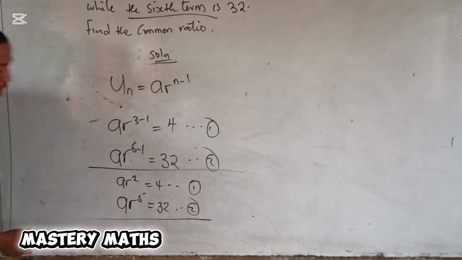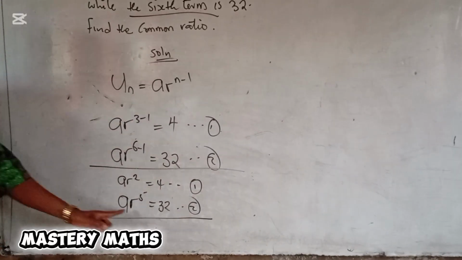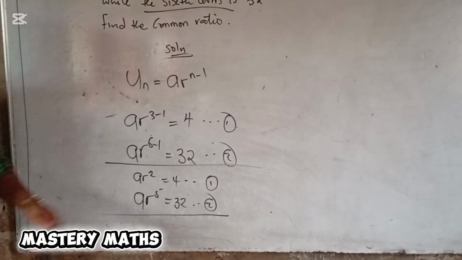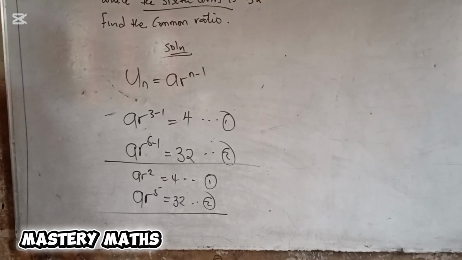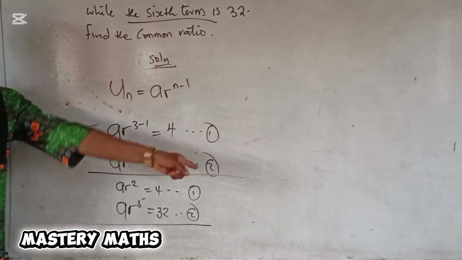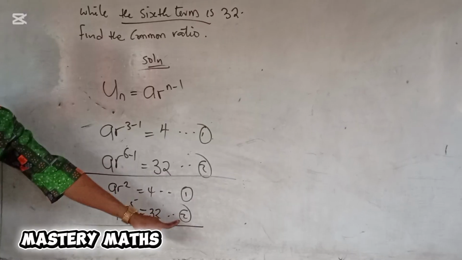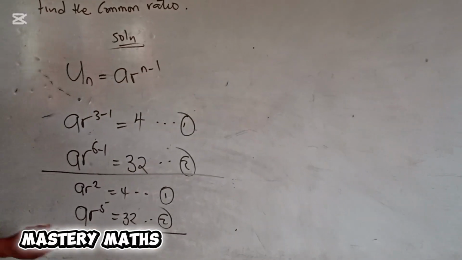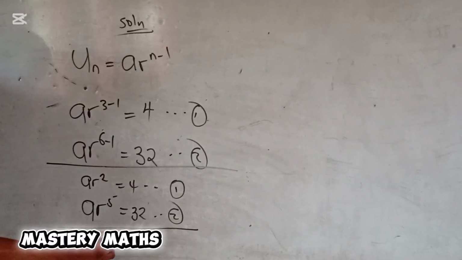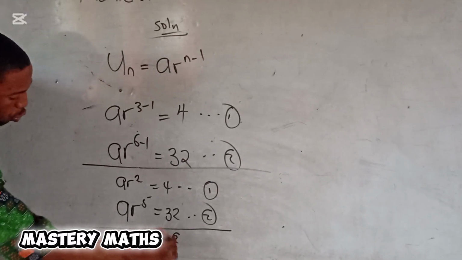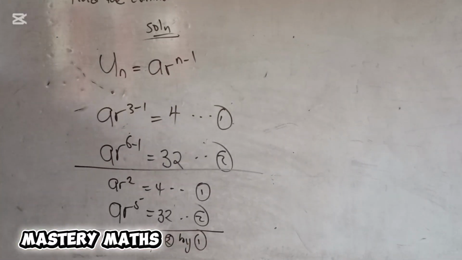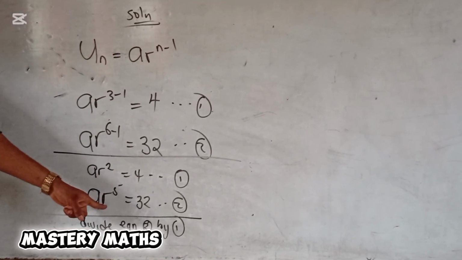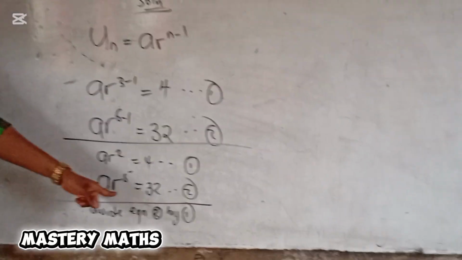Now in order to solve this, remember we are looking for the common ratio, which is R. To get it, we divide equation 2 by equation 1. Our aim of dividing is to arrive at the common ratio, because the question said find the common ratio.